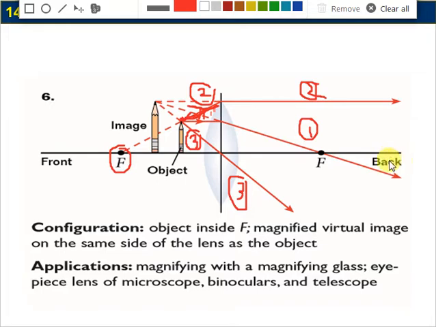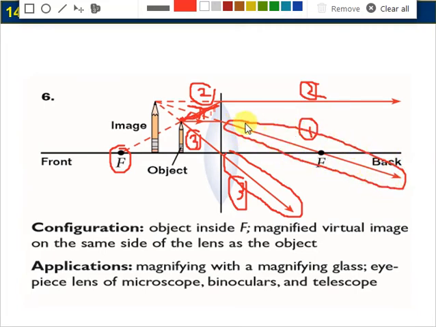So they are not able to meet. So what to do in this case? In this case, we extend them backwards. See the dashed line here, it represents the apparent path of these rays. So these are the actual refracted rays.